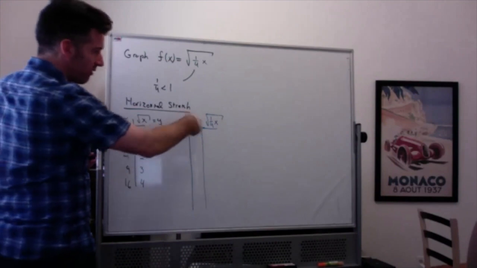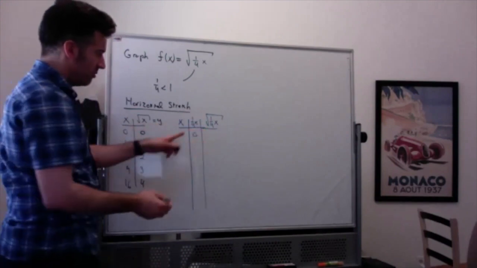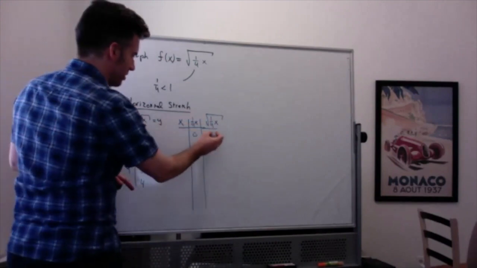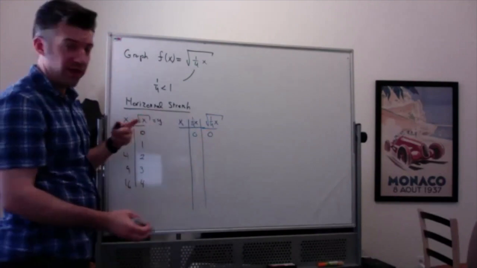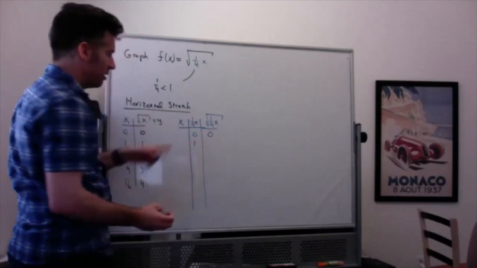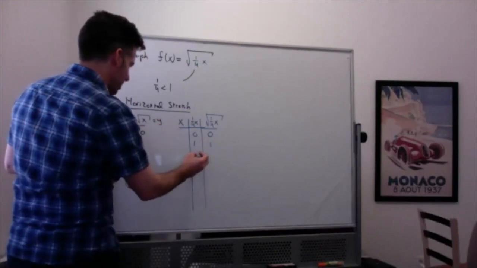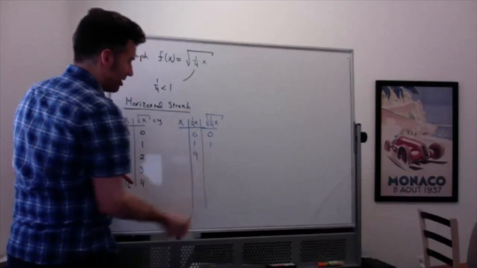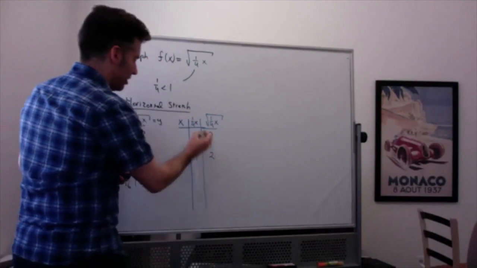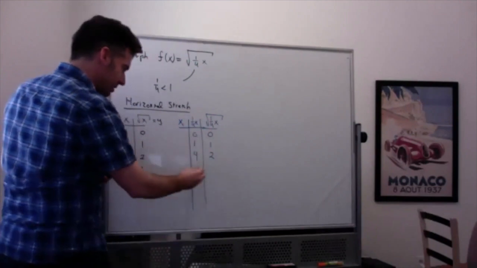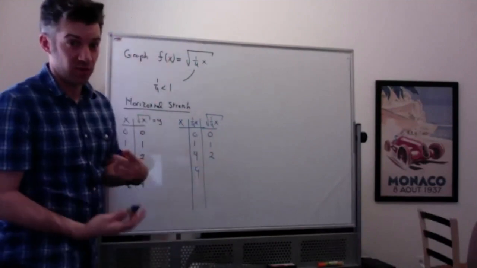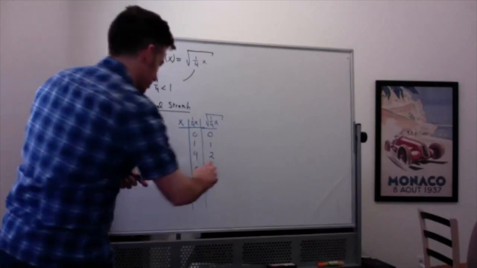I want 1/4 x to be 0 because the square root of 0 is still 0. I want 1/4 x to be 1 because the square root of 1 is 1. And I want 1/4 x to be the next one, which is 4, because the square root of 4 is 2. So I want 1/4 x, the thing I'm taking the square root of, to be nice.